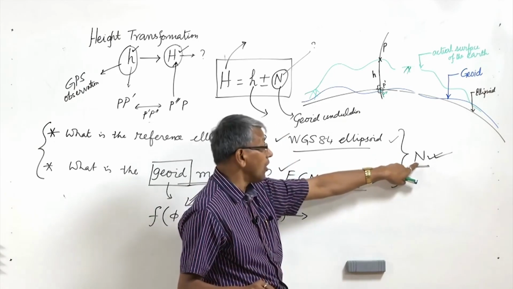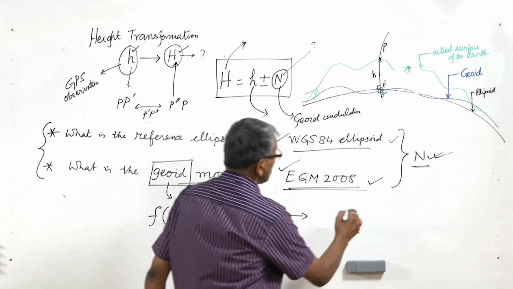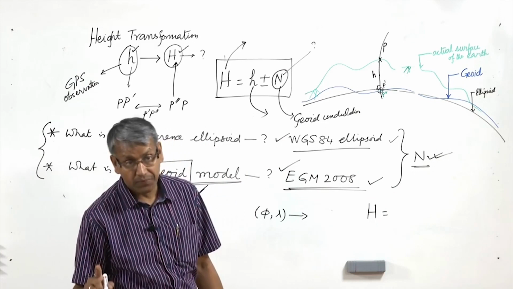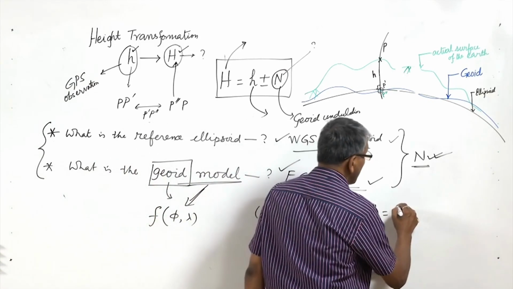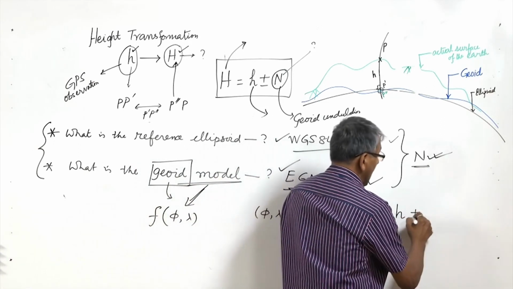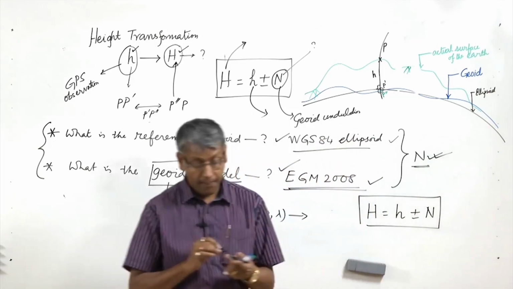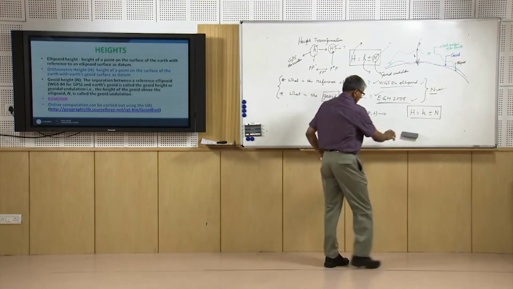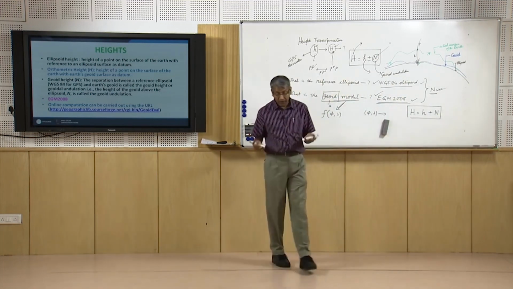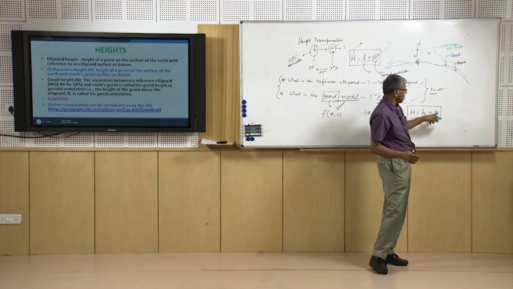So once you know the capital N, which is the geoid undulation, you will be able to find the orthometric height of the point on the surface of the earth if you take the GPS observation, which provides the ellipsoidal height, and this is the relation. In fact you need not decide the sign yourself, because whether it is positive or negative comes automatically from the software.